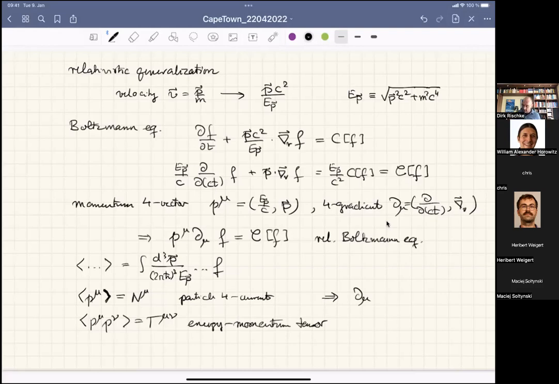I'm not going into the details now, but then you see that particle number conservation is this continuity equation, and energy momentum conservation can be written in this very succinct form, del mu T mu nu equals 0. Okay, that was all I wanted to tell you today, and I hope it was not too quick in the end.